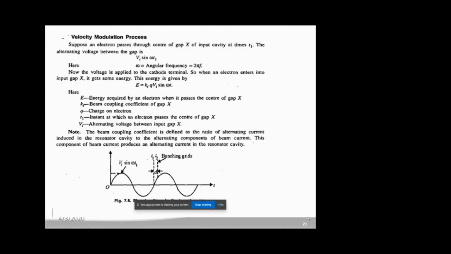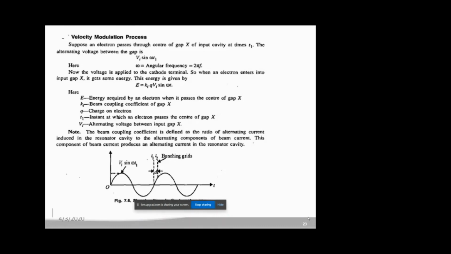Q is the charge of the electron. T1 is the instant at which the electron passes the center of gap X. Vi is the alternating voltage between input gap X. Up to this point, I think there is no doubt for anyone.